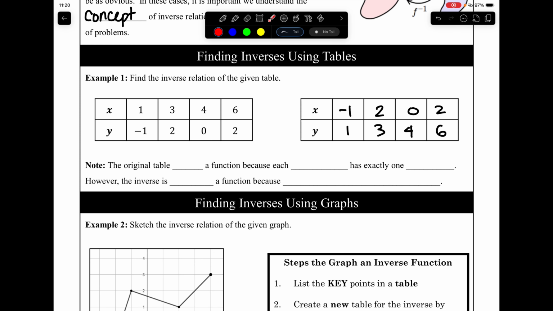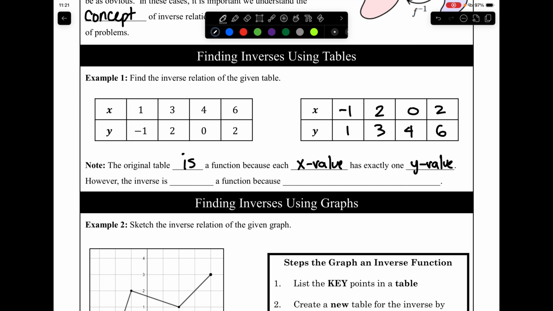Every single one of my x values has only one y value. So this does represent a function because each x value has exactly one y value. We have that equal correspondence. Every x has only one y.